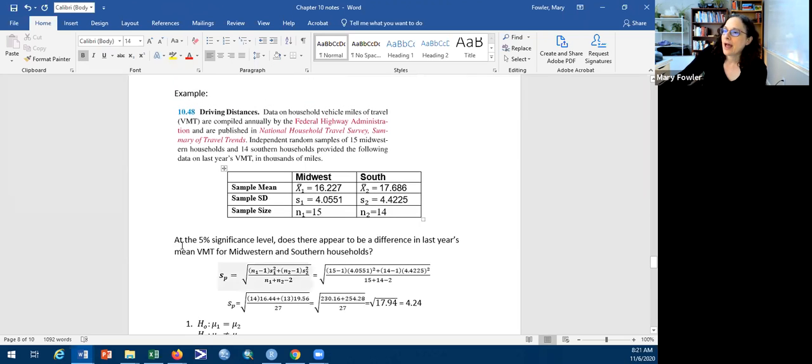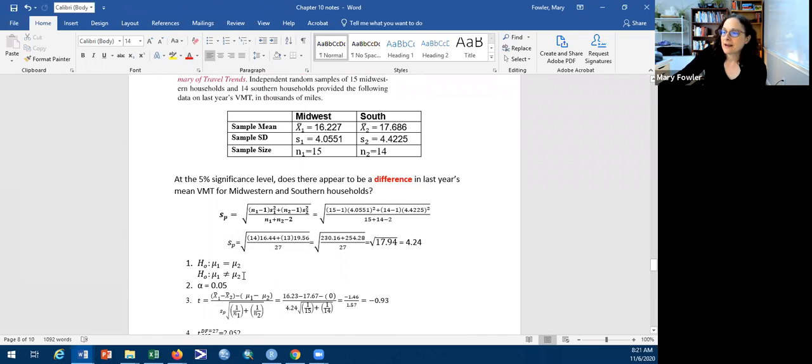We're asked, at the 5% significance level, does there appear to be a difference in this year's mean VMT for Midwestern and Southern households? So here we have a keyword: does there appear to be a difference? When we get down to set up the null and alternative, my alternative hypothesis is going to come from that keyword.